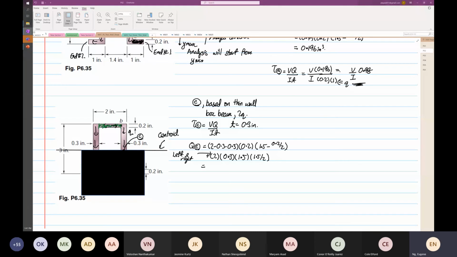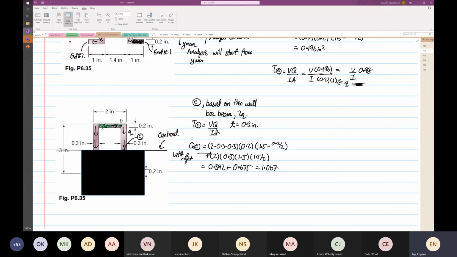So it's 0.392, like what we had before, plus 2 times 0.3 times 1.5 times 1.5 divided by 2 is equal to 0.675. So this will be equal to 0.392 plus 0.675 is equal to 1.067. Okay, this is what we got.